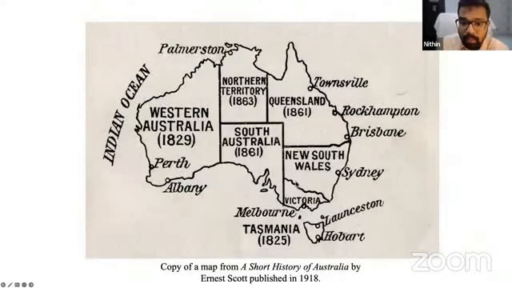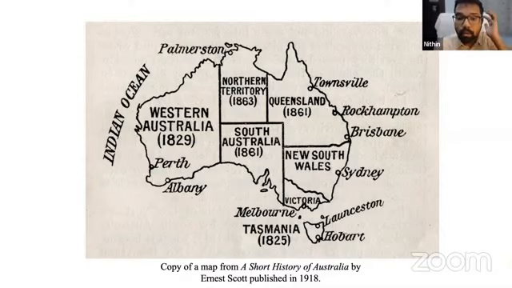So this is a map from 1918. You can see the major penal colonies. Perth was a penal colony, and Victoria, Sydney, Brisbane, and Hobart and Lansdowne in Tasmania were also penal colonies. So it was around these penal colonies that small states came to being, and each state was governed by a governor, a British person who governed the land.